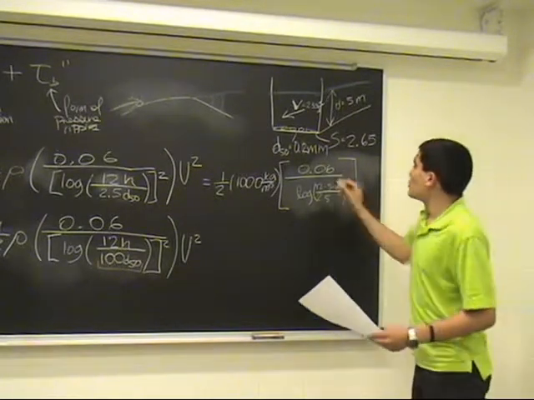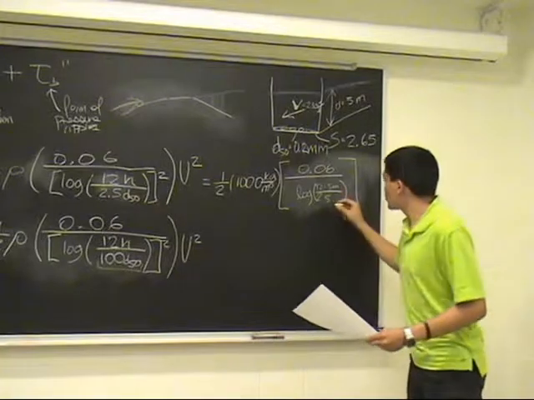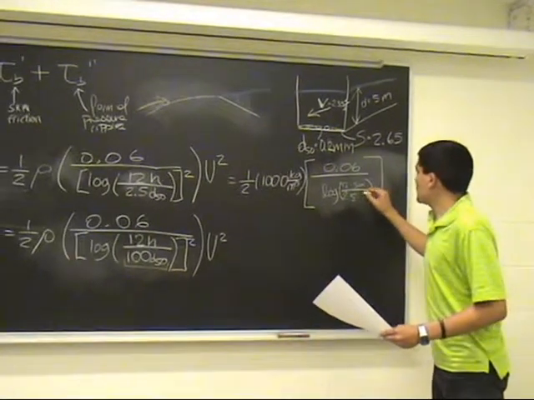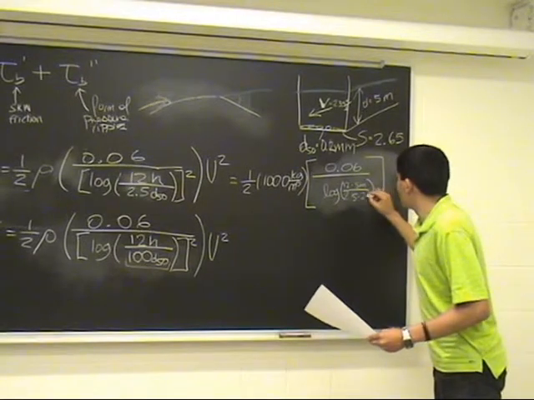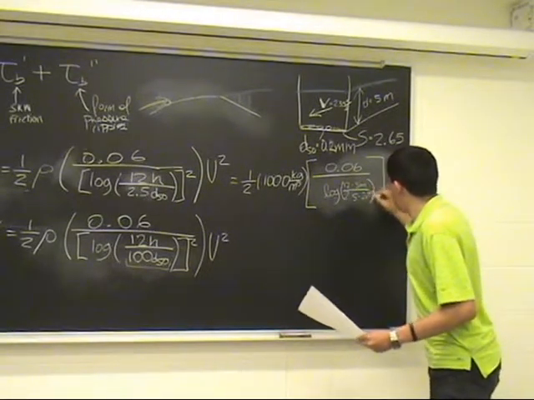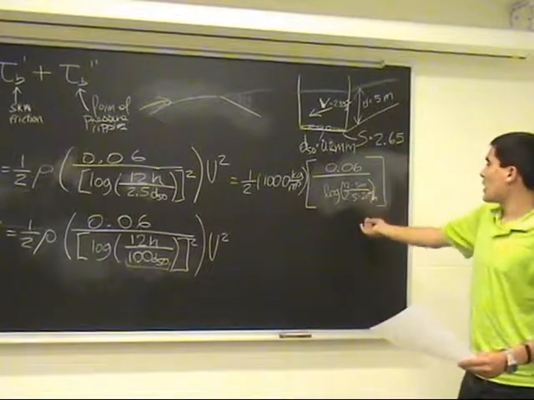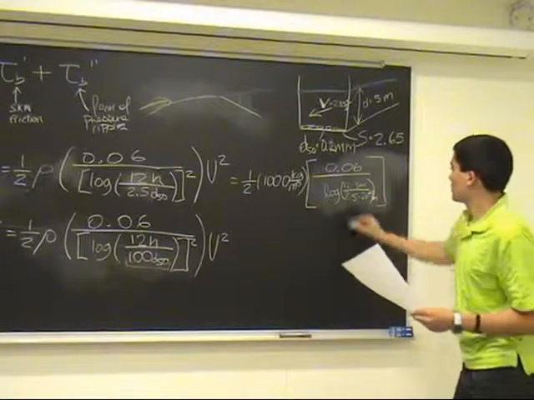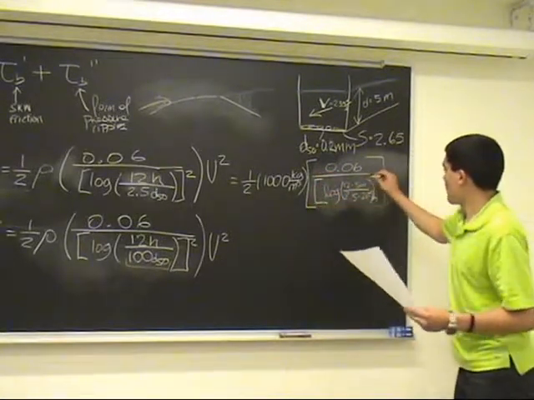So to make the units work out, we have to multiply times this 2 times 10 to the minus 4 meters of the d50. Remember to square this term.